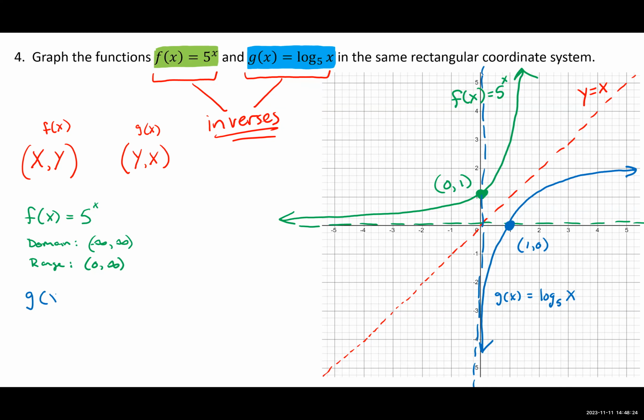So we're going to talk about g of x is equal to the log base 5 of x. The x's of one are the y values of the other. The y values of one are the x values of the other. The x values are the domain. The y values are the range. So that means the domain of the green function is going to be the range of the blue function. And the range of the green function is going to be the domain of the blue one.